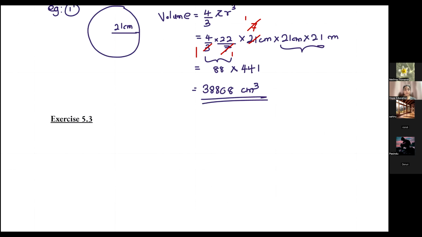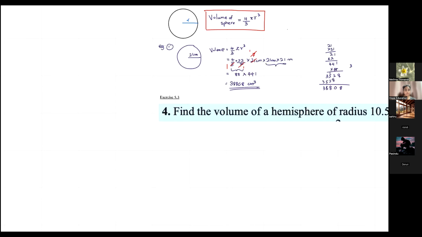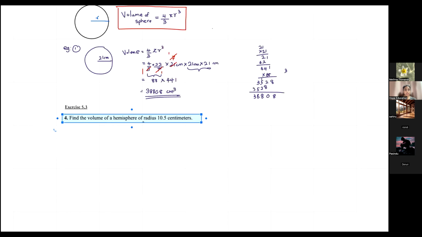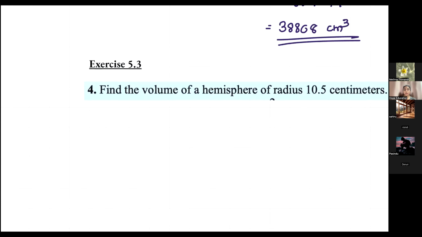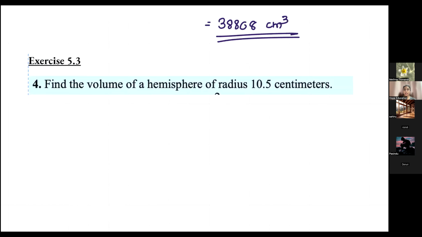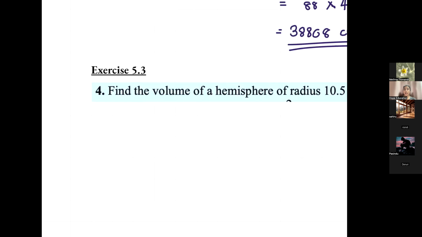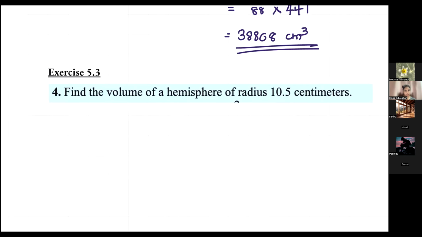In exercise 5.3, can you all do the fourth question? This is on page 72. While you do this, give me 2-3 minutes because I will not be here if you ask a question, but within 2-3 minutes I will come here and switch on the camera. Exercise 5.3, fourth question. Read the question well.